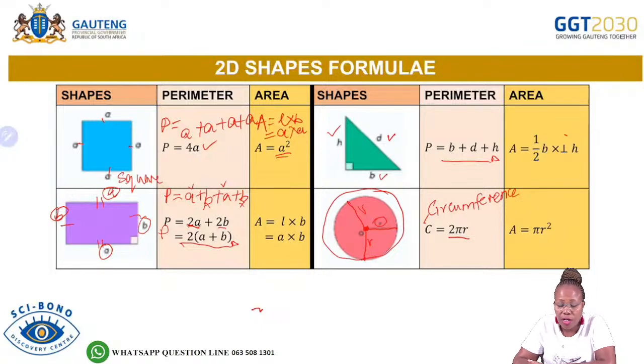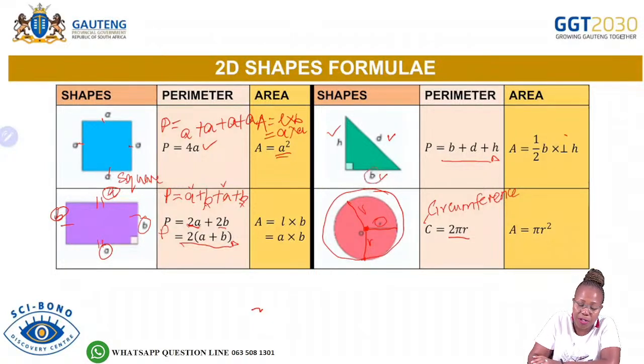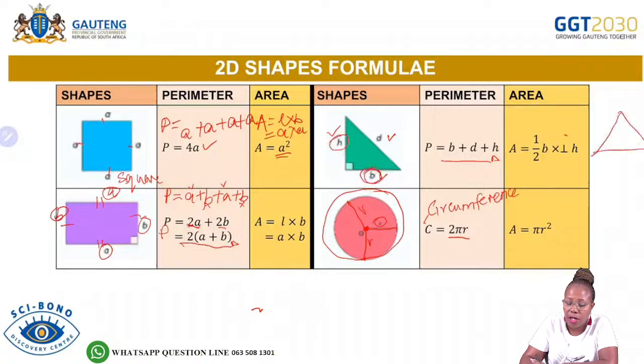And then let's look at the area. Let's start off with the area of a triangle. The area of a triangle will be half of its base times the perpendicular height. We depend on the side, grade 12, and then we take the perpendicular height. In some cases, you'll have a triangle drawn like that. This will still be your base, but the height must be the perpendicular one.